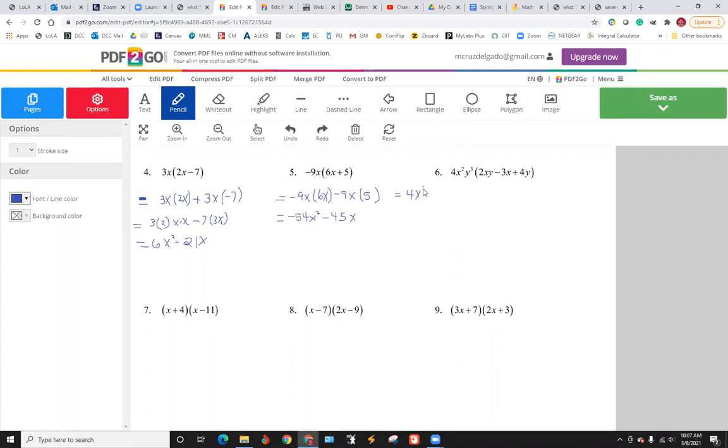Again, I want to try to put as many steps as I can in. Squeeze this one in there.